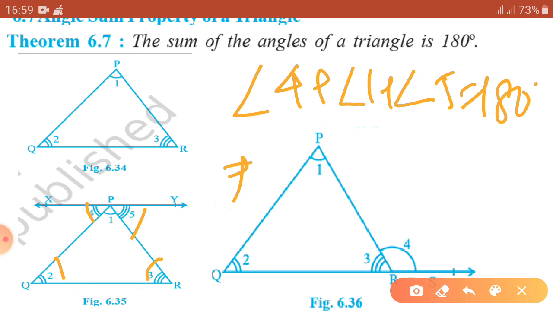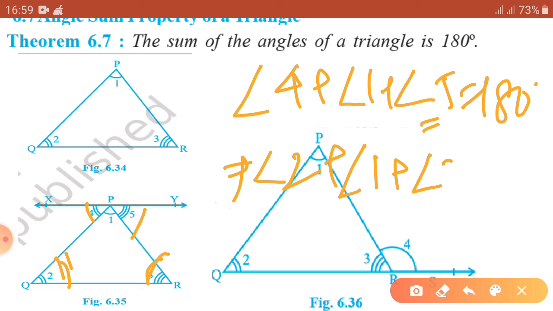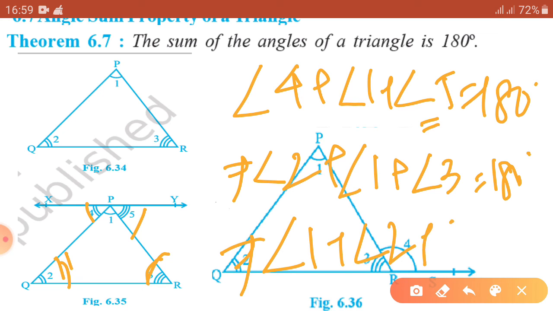So angle 4 means angle 2 here, and angle 1 we are keeping, and here angle 5 is equal to angle 3, so we are writing angle 3 here. So basically we get angle 2 plus angle 1 plus angle 3 equal to 180 degree. Got it? So we can write it angle 1, angle 2 and angle 3 equal to 180 degree. So you can say that the sum of the angles of a triangle is 180 degree.